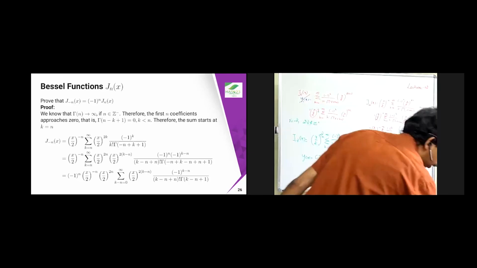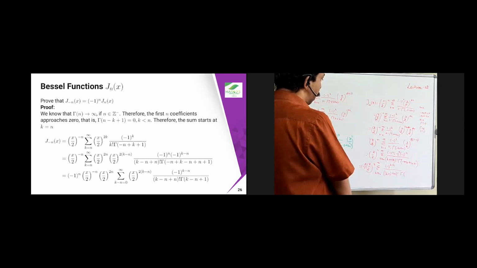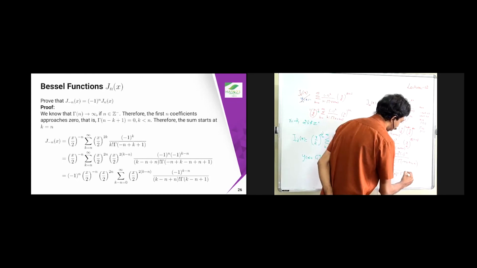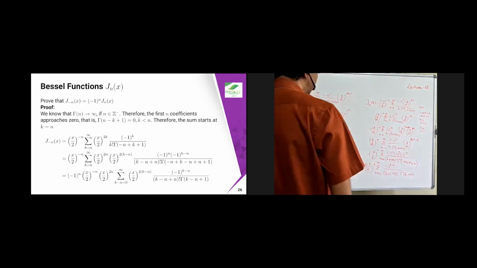You see, k minus n factorial, k minus n, the n gets cancelled. So just same as this one. You don't need to multiply or subtract here. That's the same thing. (k minus n plus n) factorial is that.